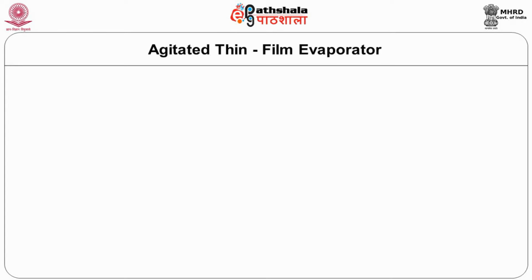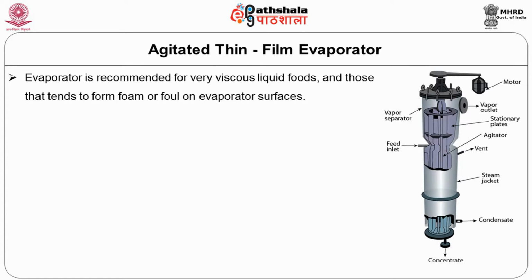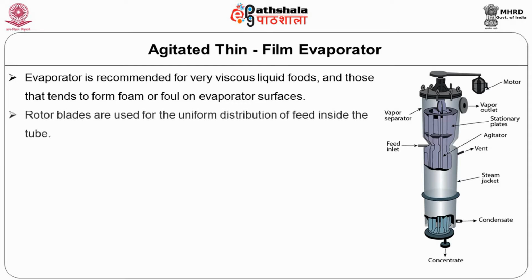Next is the agitated thin film evaporator. This evaporator is recommended for very viscous liquid foods and those that tend to form foam or foul on the evaporator surfaces. Rotor blades are used for the uniform distribution of feed inside the tube.